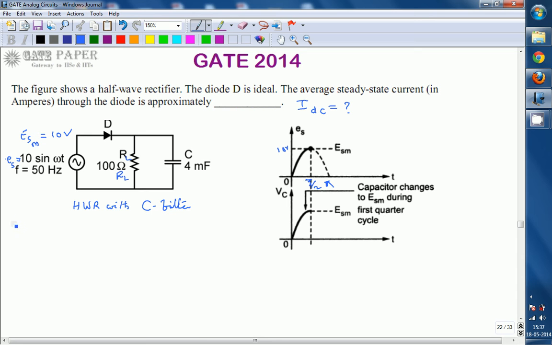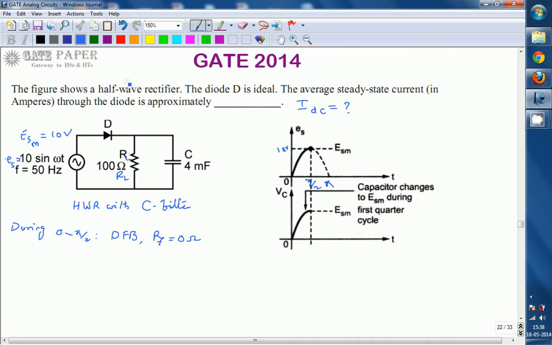So during 0 to pi by 2, that is the first quarter cycle, the diode acts as forward biased. Since it is ideal, forward resistance RF is 0 ohms.